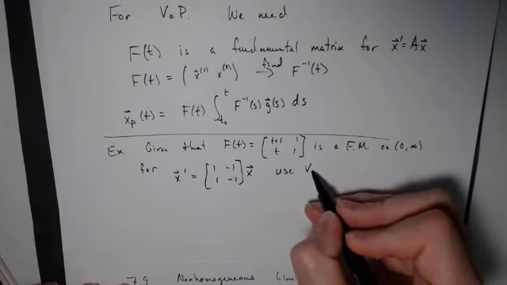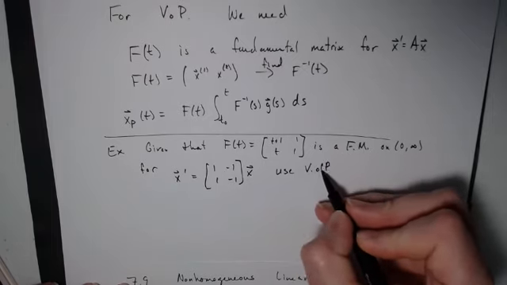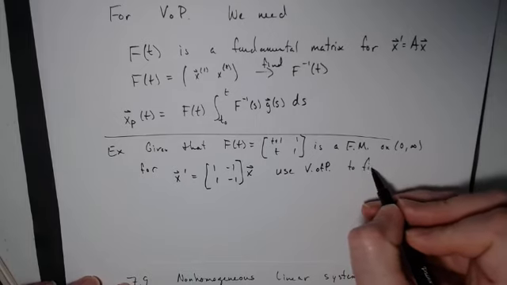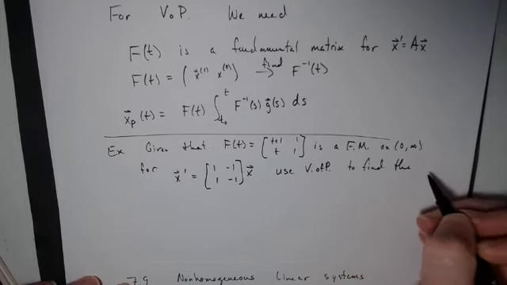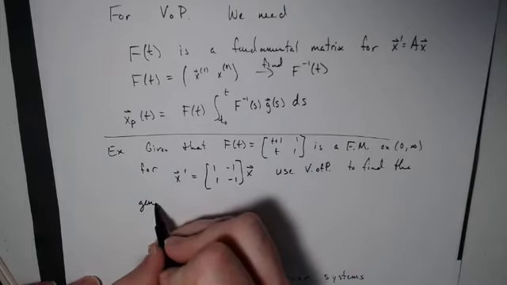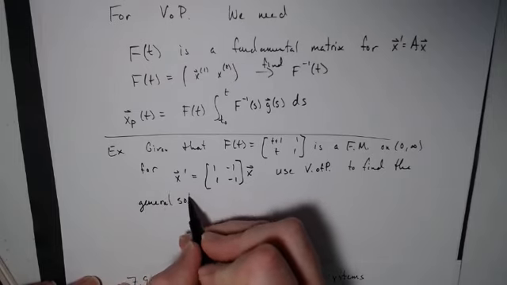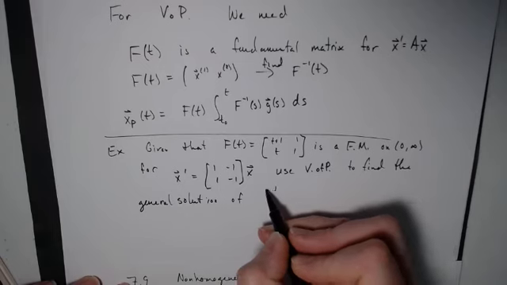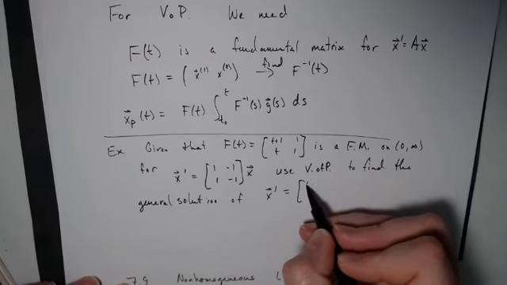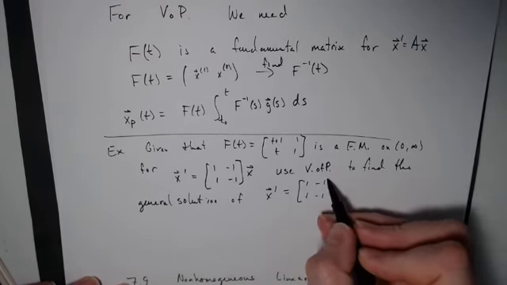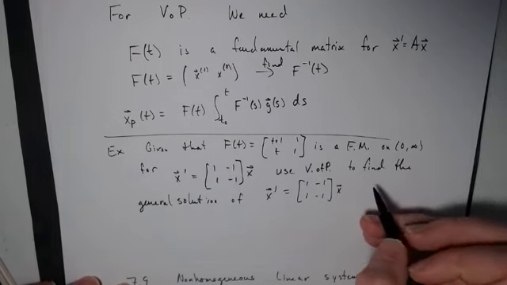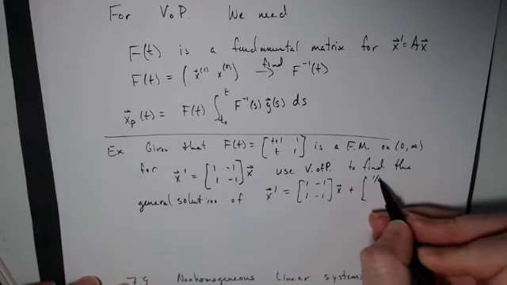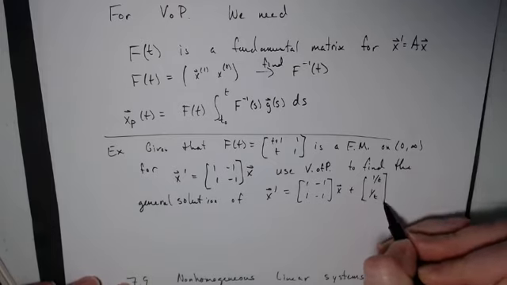Use variation of parameters to find the general solution of x prime equals the same matrix, otherwise this doesn't work, times x plus the driver function 1 over t, 1 over t.